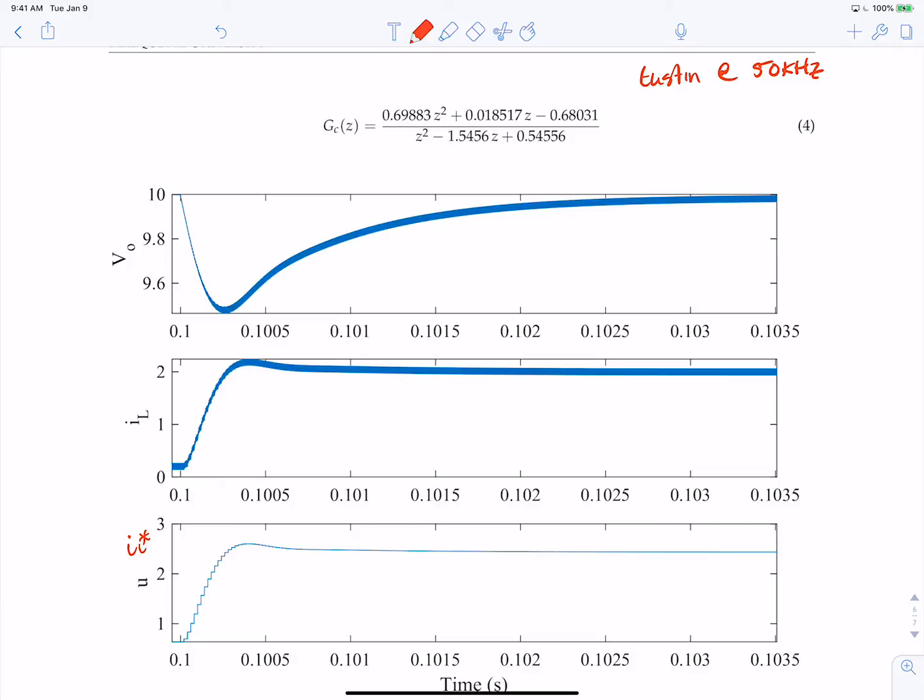Modbus or whatnot, UARTs, communicating. So you may not have the time slices available to run your controller every cycle of 200 kilohertz, or you may just be in a low cost application where you can switch at 200 kilohertz. You can make your components much smaller, your L's and C's, your passives, but the digital controller is just not that fast. The PWM can be that fast, but the computation speed is not there for you to update at that. And this is pretty common.